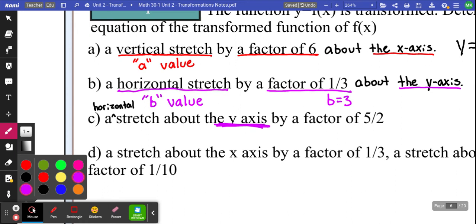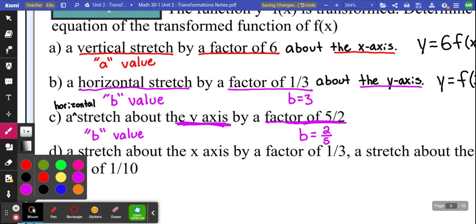Because it's a horizontal stretch, I'm talking about the b value. But the b value is not 5/2. It's opposite of how it looks. So the b value is actually 2/5, meaning that my function notation looks like this. Y equals f of 2/5x.